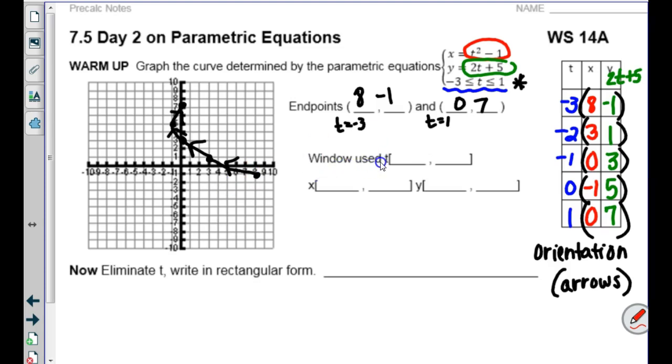The window used for t is the only one that everybody has to have the same. Everybody needs to say -3 to 1. And do you remember what we said we always are going to use for the t step? Yes, 0.1. We're just going to keep it at 0.1.